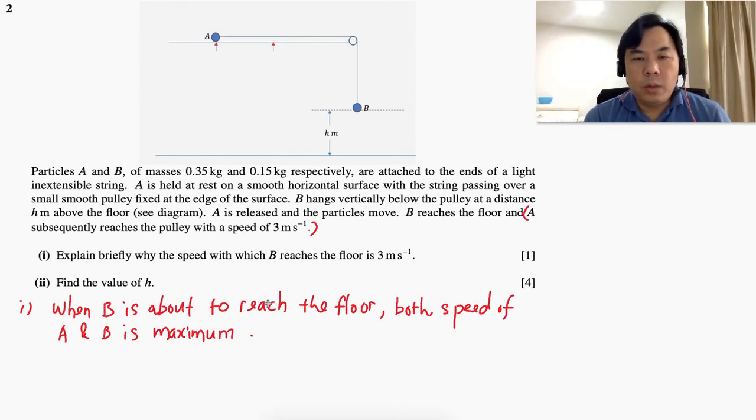While there's still a tension, when the object is just about to touch the floor, then both the speed of A and B would be maximum. The speed would be maximum at this point because B is about to hit the floor.